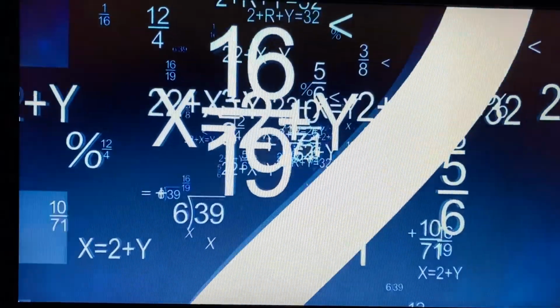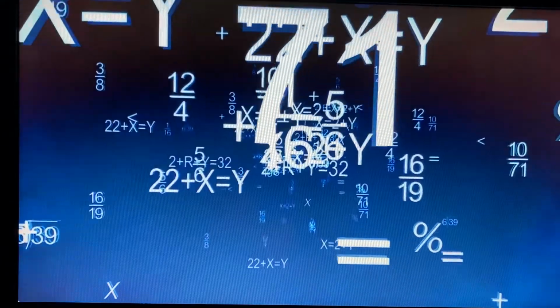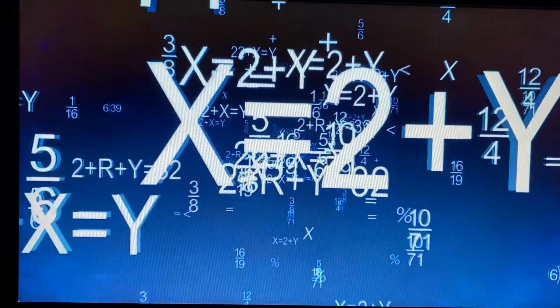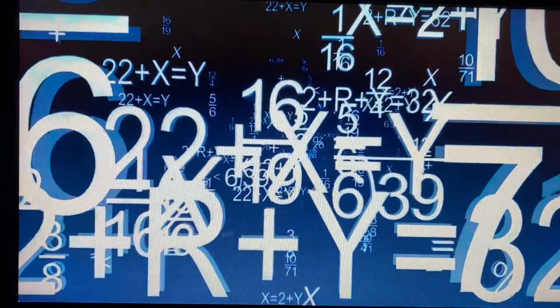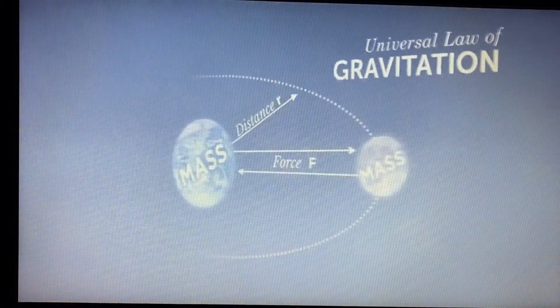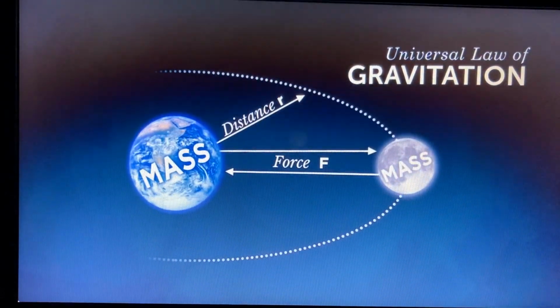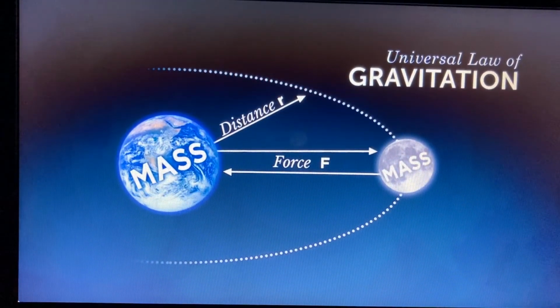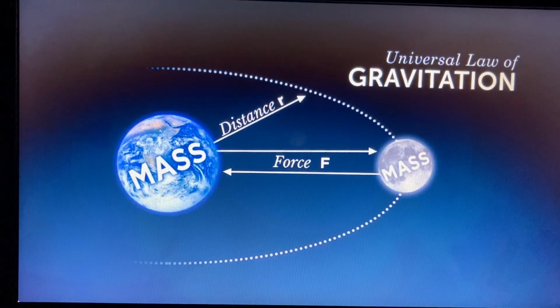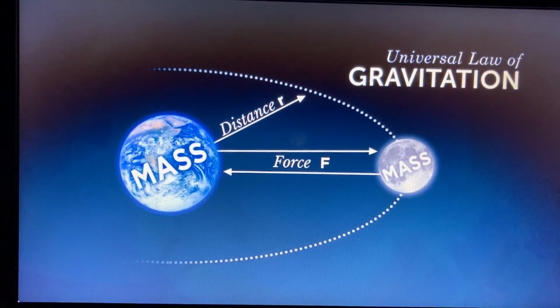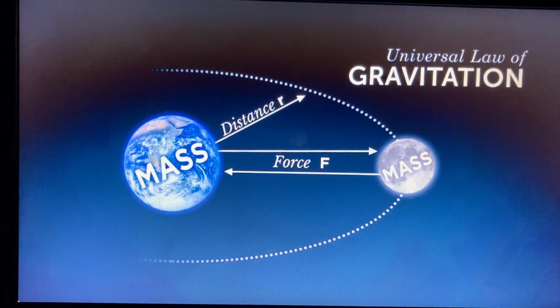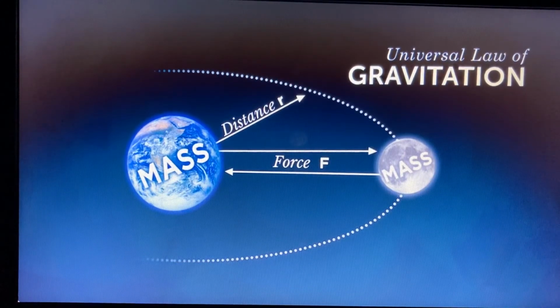Laws state that something in the natural world happens, but they do not necessarily explain how or why. The law of gravity, for instance, states that all objects have a force of attraction for each other. This law explains what happens, but not how it works or why. Theories attempt to explain the how and why.